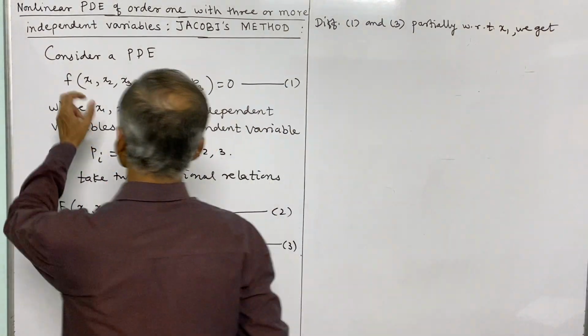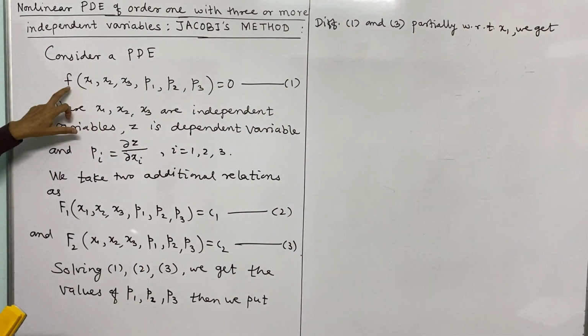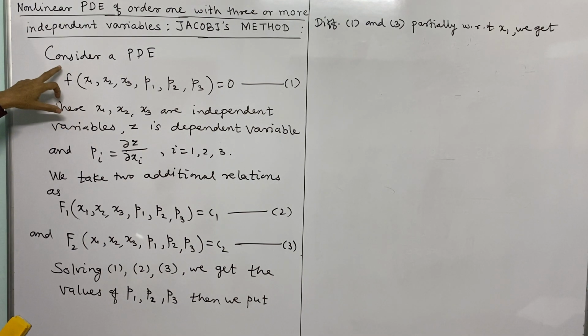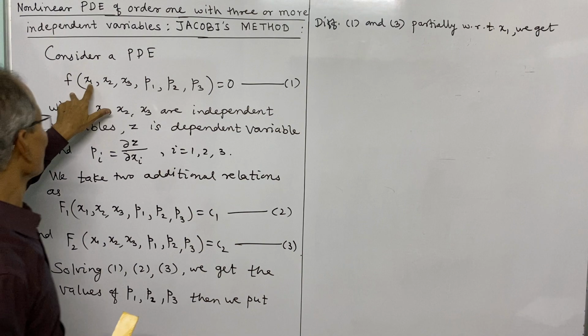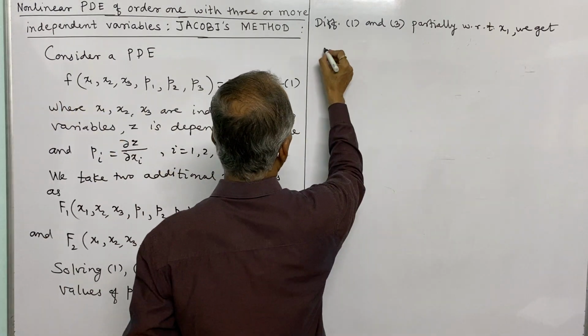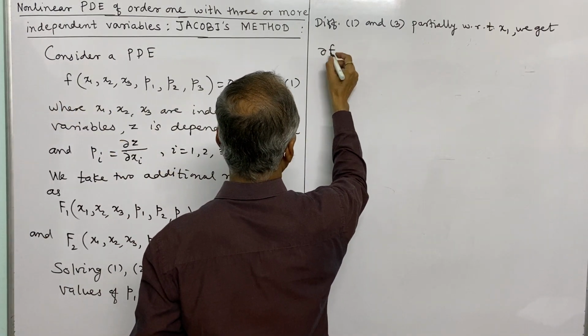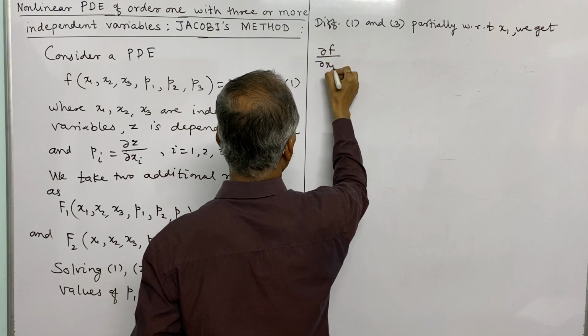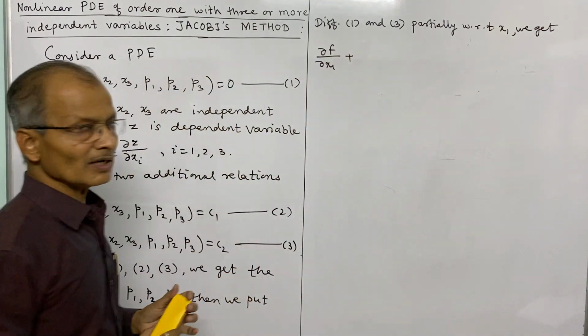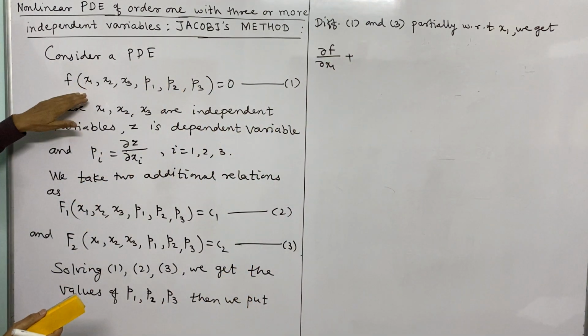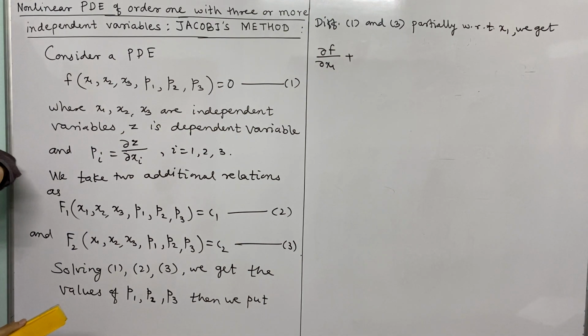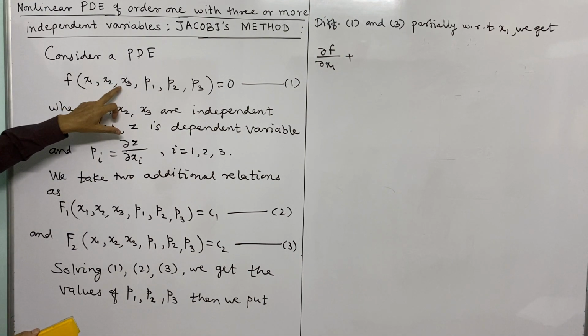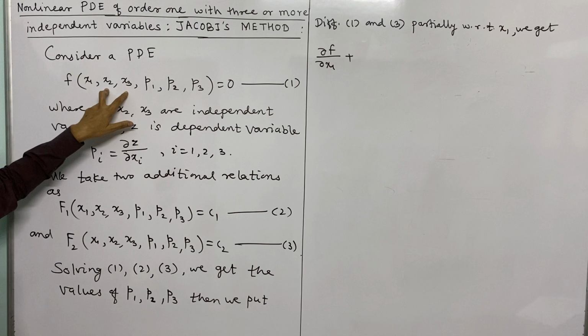Now see how to differentiate 1 partially with respect to x1. So that will be ∂f/∂x1. First variable, we have to use the chain rule, ∂f/∂x1 plus, and partial derivative of this f with respect to x1, when x2 and x3 are to be treated as constant.